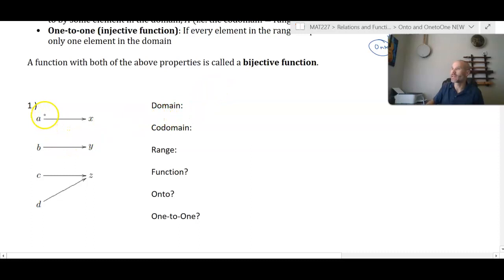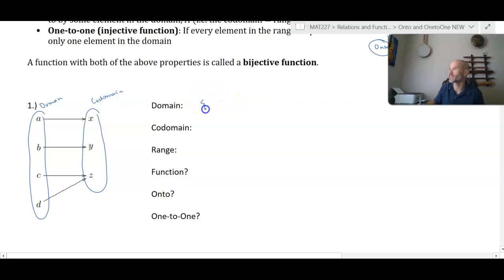So domain is, and we could kind of draw a circle around these, or a little oval to generate our domain and codomain. So remember, we always map from the domain into the codomain. Easiest way of looking at it.